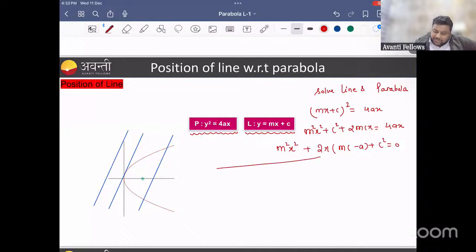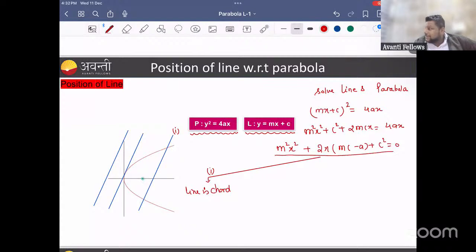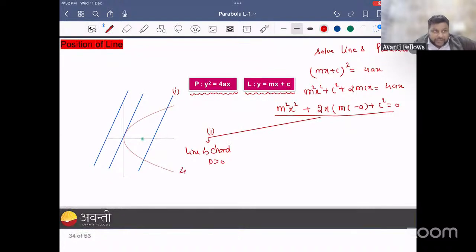Now there are three cases. First case, line is chord. And I call this the first case. In that case, this quadratic will be having two distinct real roots. So its D should be more than 0. That means 4 times mc minus a whole square minus 4m square c square more than 0.